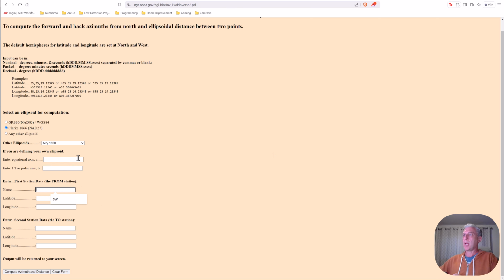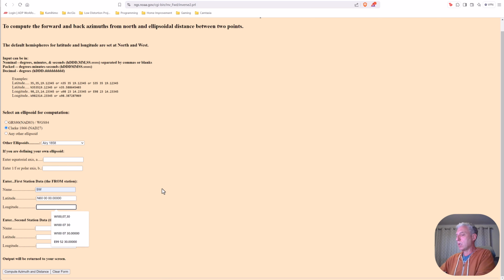Let's say we go to the first one, we call it Southwest, and I'm just going to type in a latitude to show you how we format this. It's going to be N 60 space 00 space 00, and you have to put a decimal in. I just put 5 zeros there. You have to do the decimal or you'll get an error.